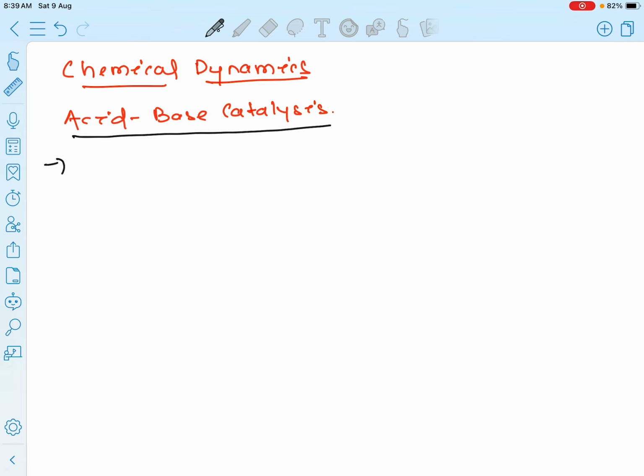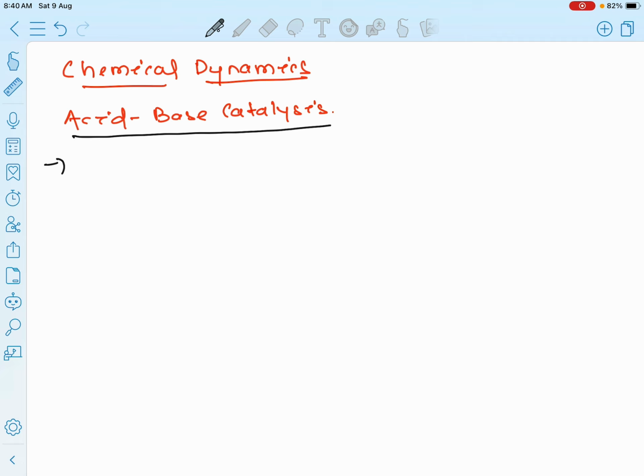In one of the classes of our chemical dynamics, we have studied what is catalysis. Catalysis is any process where we add some foreign substance to a chemical reaction, and the amount of that foreign substance does not change before and after the reaction, but obviously that foreign substance alters the rate of the reaction.